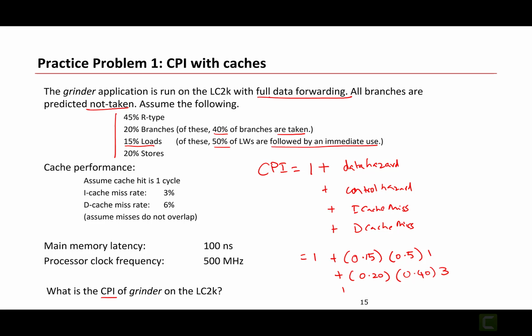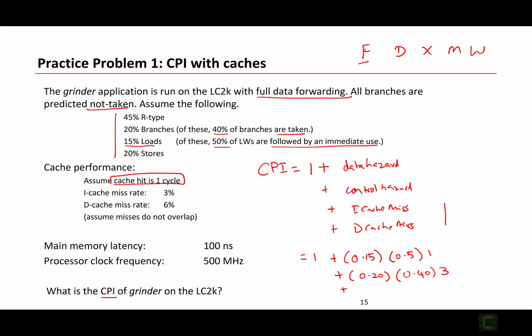Now finally I have to compute the instruction cache misses and data cache misses. Like I said before, every time you execute an instruction, you have to fetch, decode, execute, mem, and write back. The fetch stage fetches the instruction from the instruction cache. We are told that if there is a cache hit, it's always 1 cycle.